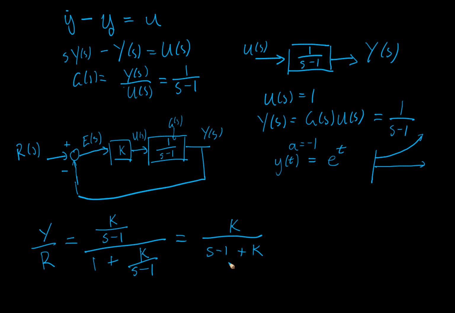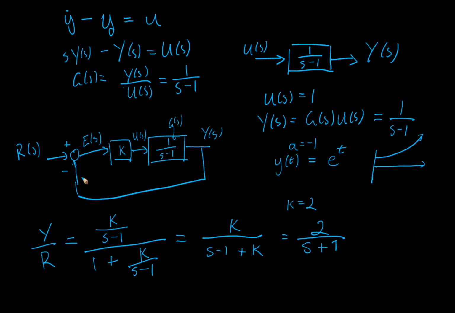So we want k here to be bigger than 1. So let's say k equals 2. If we have k equals 2, then we're going to have 2 over s minus 1 plus 2, which is s plus 1.